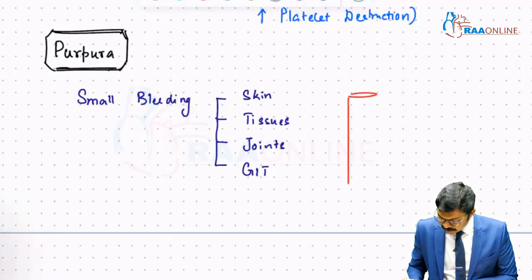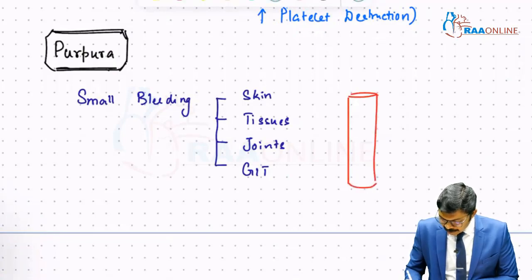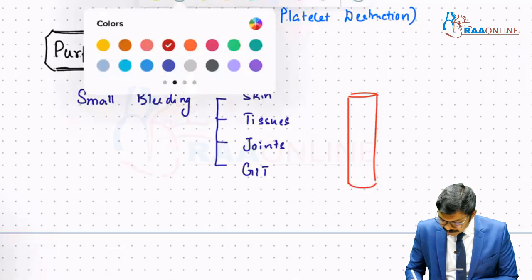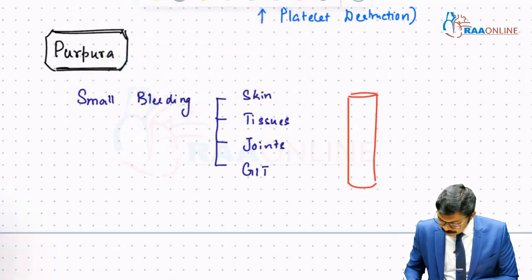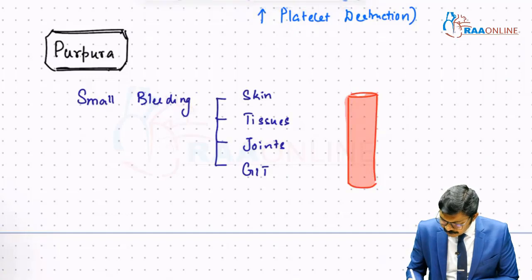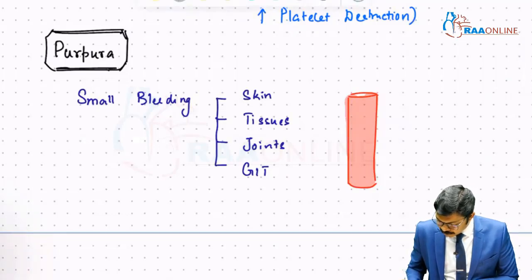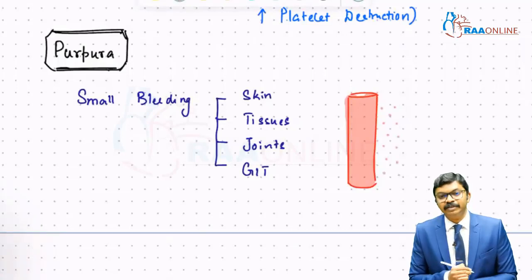I repeat, there is one pathophysiology that leads to purpura, and that is extravasation of blood out of blood vessel, guys. So let's take up this blood vessel and consider plasma is flowing in this blood vessel. Let this be plasma or let this be blood. Now because of some conditions, you are going to see very gentle extravasation of blood out of this blood vessel. Alright doctors, so plasma is getting extravasated out of this blood vessel.